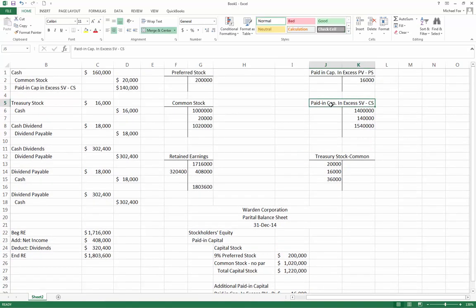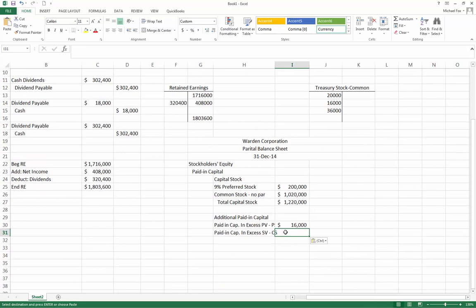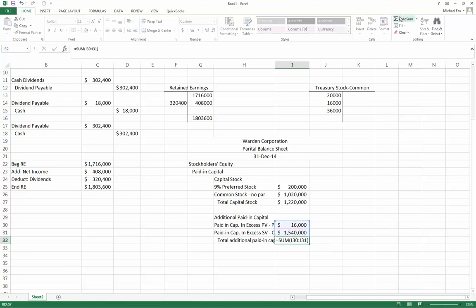And then our paid-in capital in excess of stated value on the common stock. That had a balance of $1,540,000. So our total paid-in capital, I'll do it out here, is the capital stock plus the additional paid-in capital.